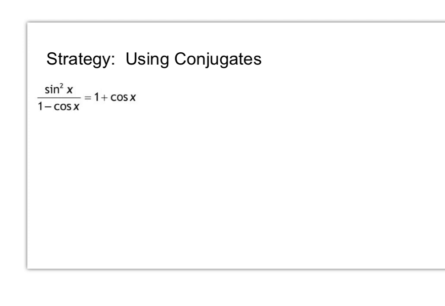Just as a reminder, if we have an expression, in this case 1 minus cosine of x, its conjugate would be 1 plus cosine of x.